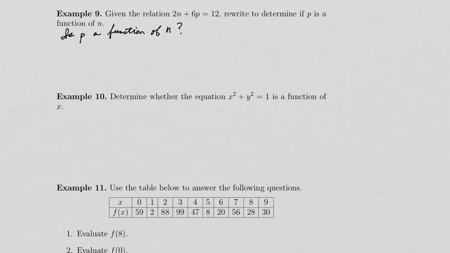What that means is you can think of n as the input, and p as the output. To determine this, I want to try and solve the equation for p. Then I can look at it and ask myself, for each n, do I get exactly one output? Then it would be a function. So we're going to try and solve this equation for p.